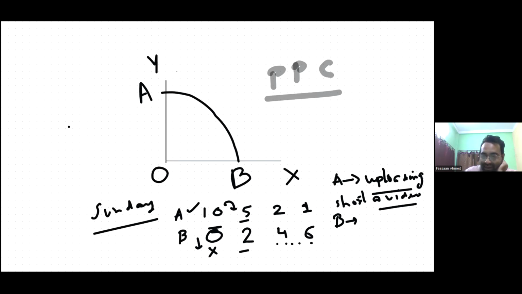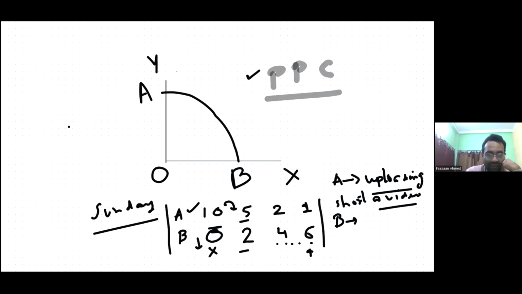This would mean that I'm going to have four red velvet pastries in that specific amount of time. In this case, it means I'm going to have six red velvet pastries in that specific amount of time. Wonderful. So this table is basically going to be a basis for you to understand this chart, which is known as PPC, right?